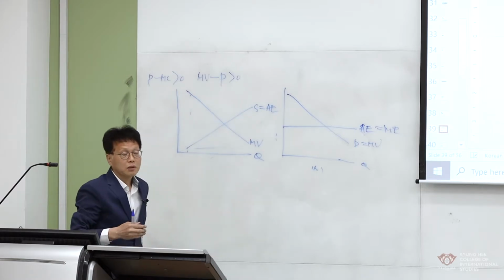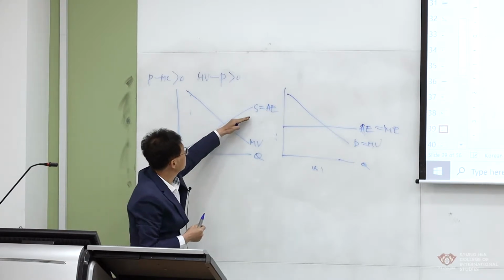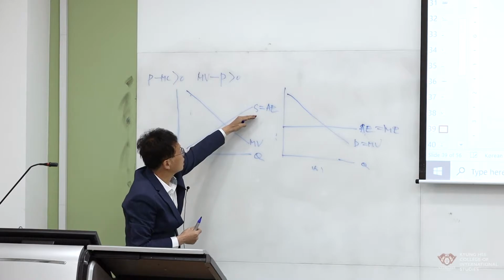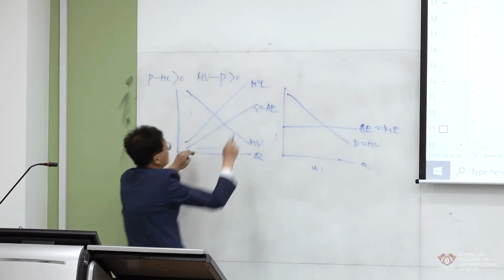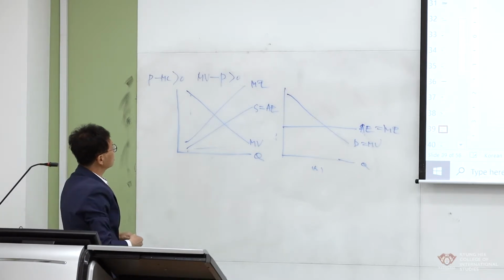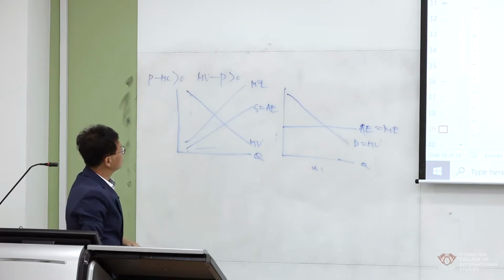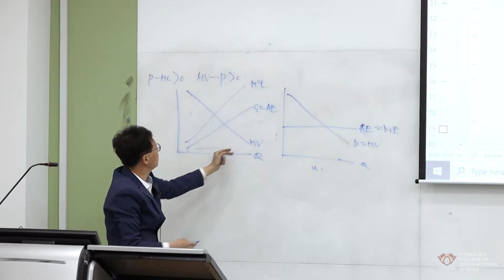Then think about the relation between marginal and average, which I already explained. When average expenditure increases, marginal expenditure is greater than average expenditure, shaped like this. Then the monopsony's decision is to set marginal expenditure equal to demand, or marginal valuation.